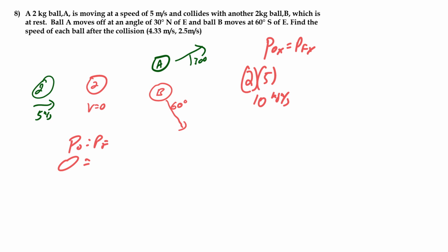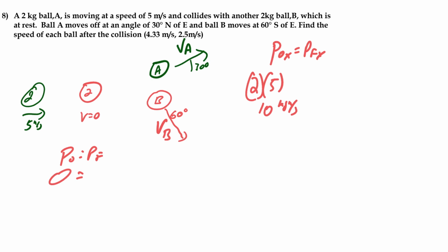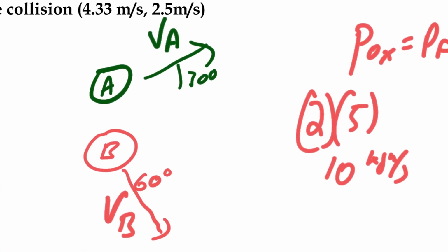So the way I'm going to solve this one is as follows. Mass B, I'm simply going to call that VB, and then mass A, I'm simply going to call that VA. Let's zoom in first. So what we're going to say is this has a horizontal velocity, right?